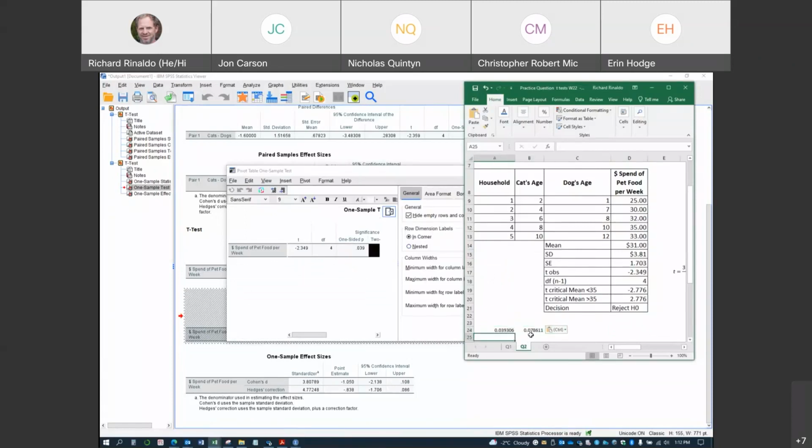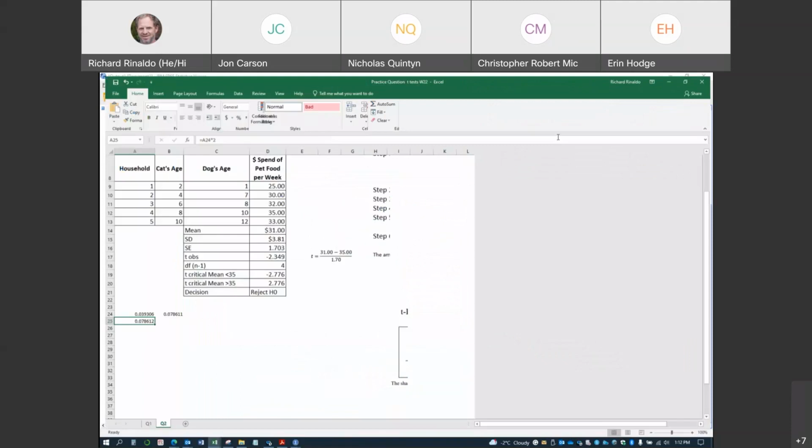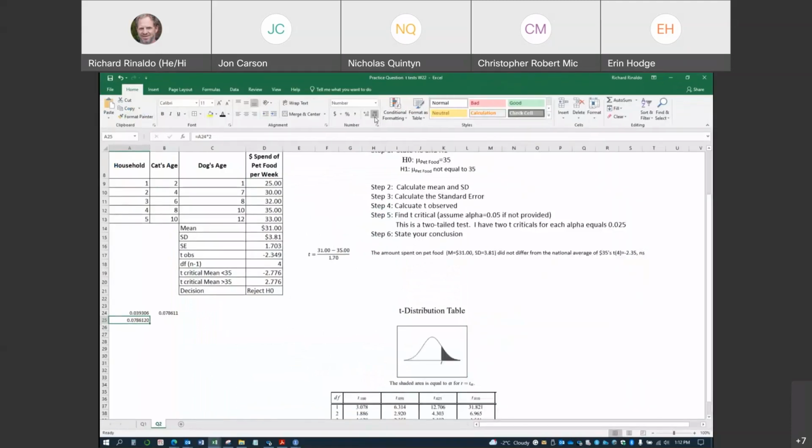Now, if I take the 0.039 and times it by 2, let's see, 0.61. Mine's not quite as accurate. So there's the p-value. So that's how SPSS deals with that.